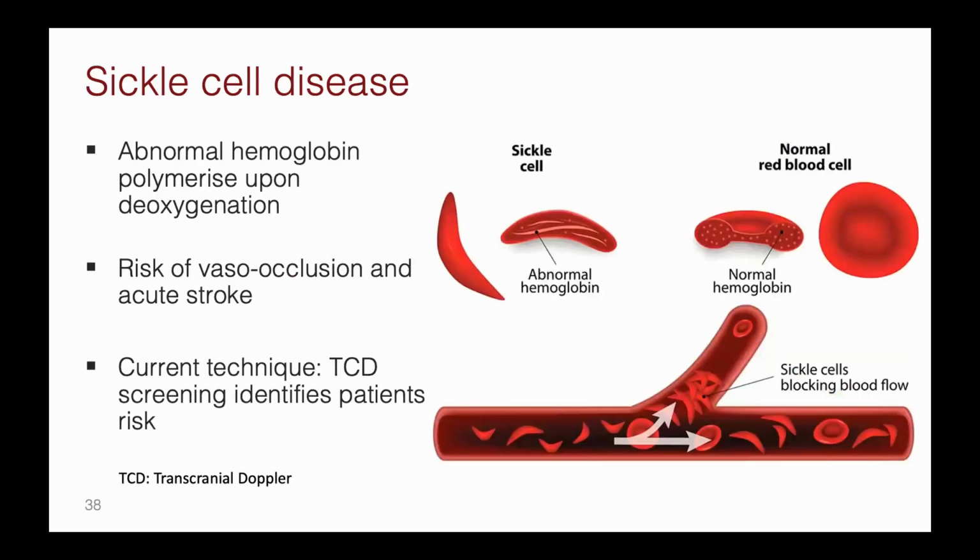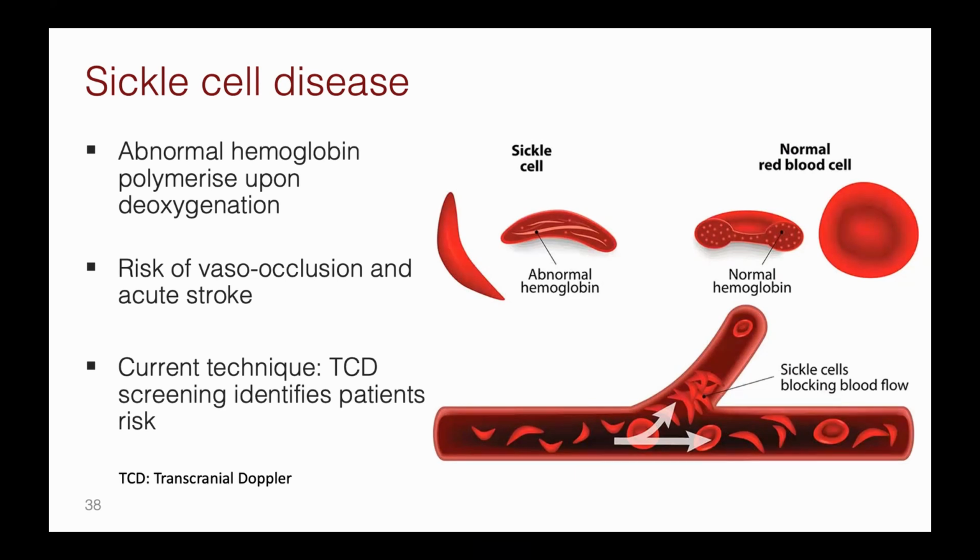Now, having developed these techniques, we investigated the potential of using ASL to identify high-risk patients with sickle cell disease, which is a genetic disorder that affects the delivery of oxygen by the red blood cells.